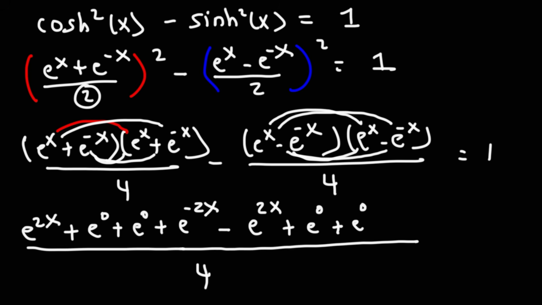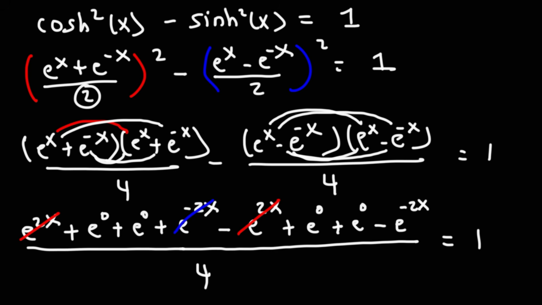And then these two here, negative x plus negative x, that's going to give us an exponent of negative 2x. These two negative signs make it positive, plus the third negative sign makes it negative overall. So now e to the 2x will cancel with negative e to the 2x.